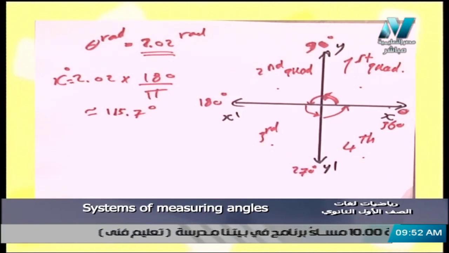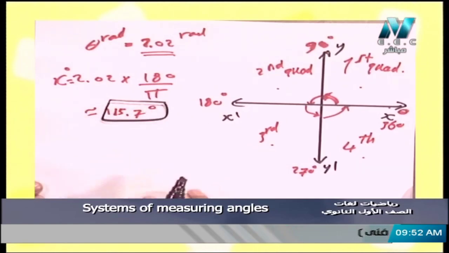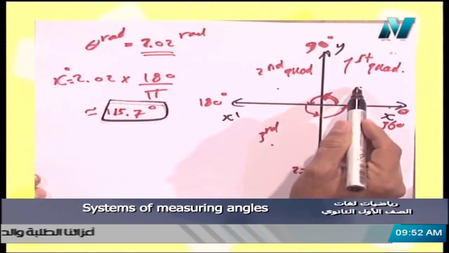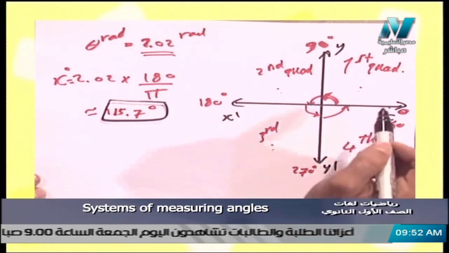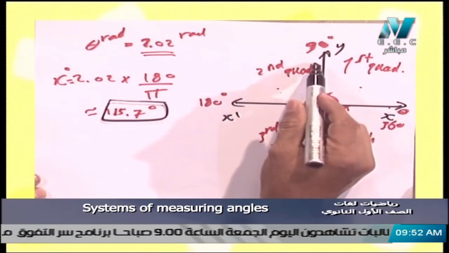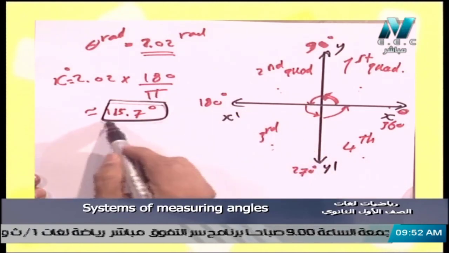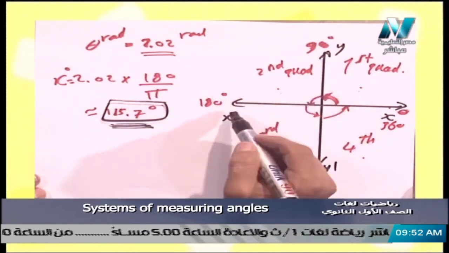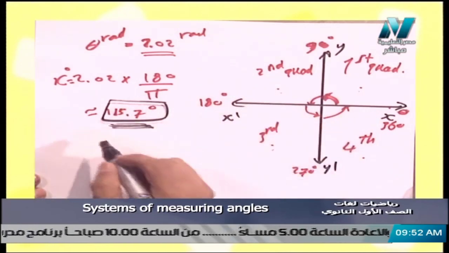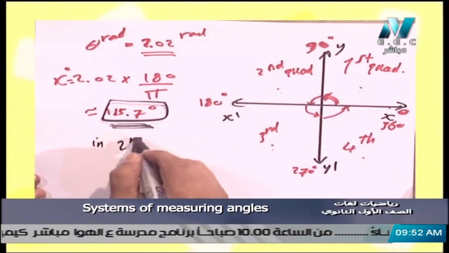Now we ask ourselves, does 115.7 lie in the first, second, third or fourth quadrant? Here between 0 and 90, here between 90 and 180, and we know that 115 is between 90 and 180, so it lies in the second quadrant.